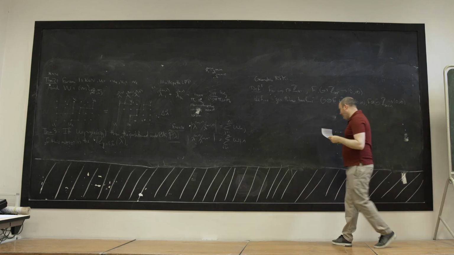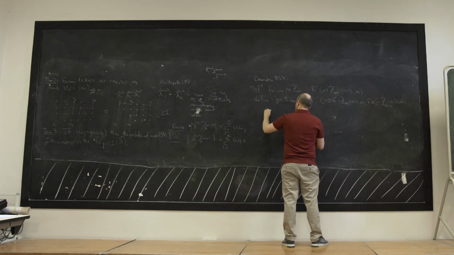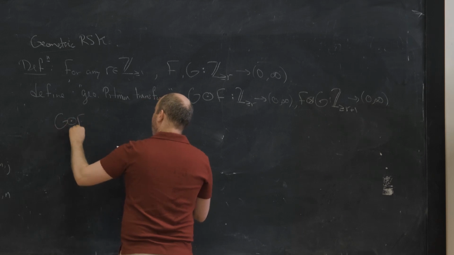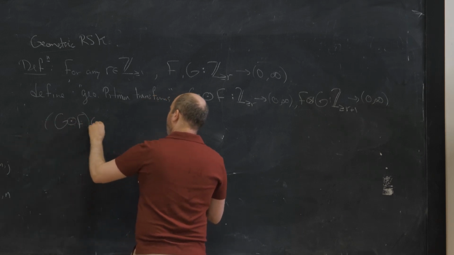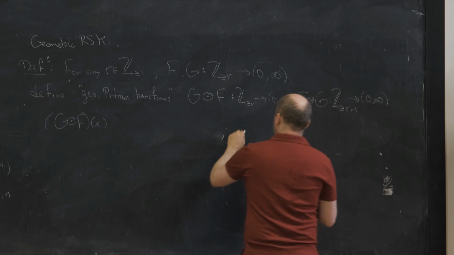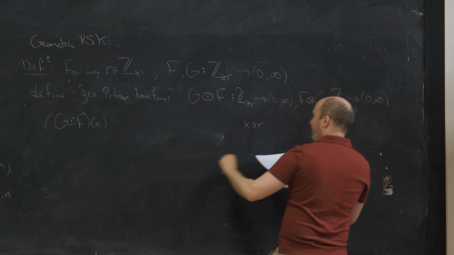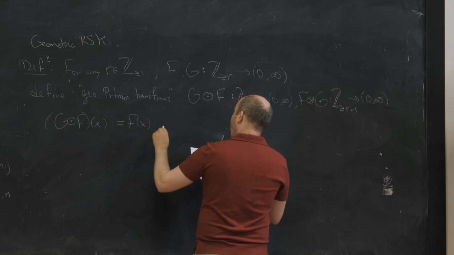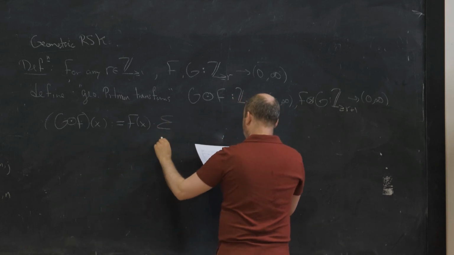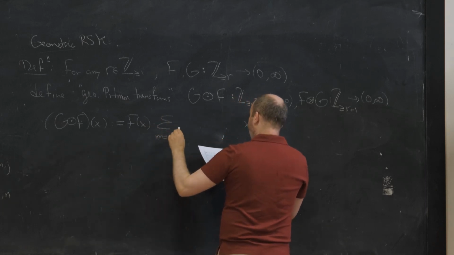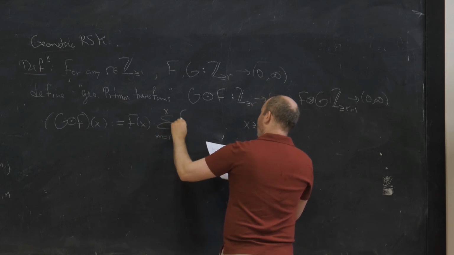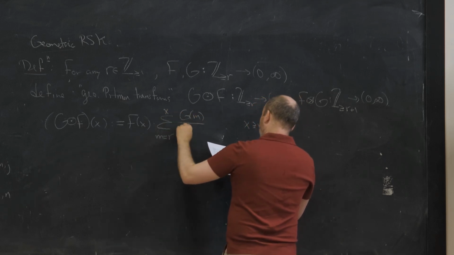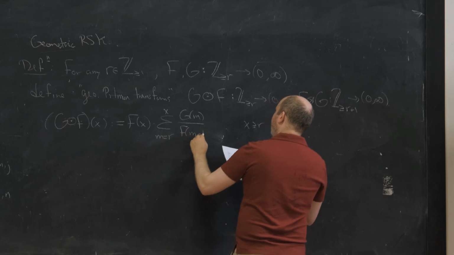And these are defined in the following way. g dot f, as a function, for x bigger than or equal to r, is defined as taking the original function f of x and multiplying it by the summation, m equals r to x, of the ratio of g of m over f of m minus 1.